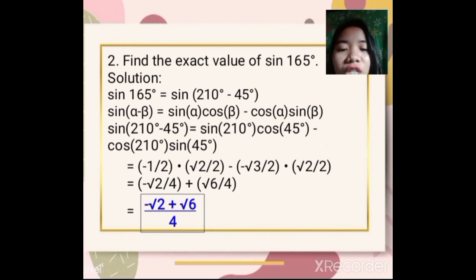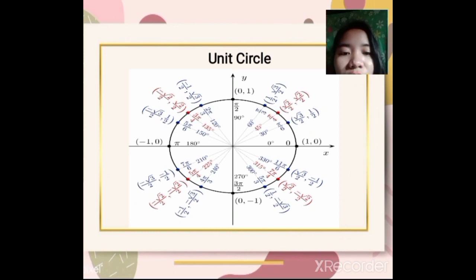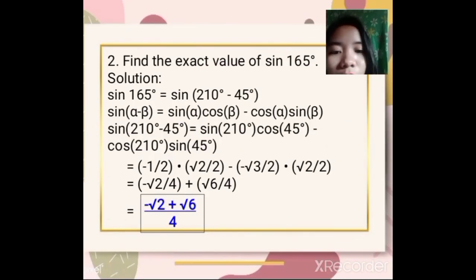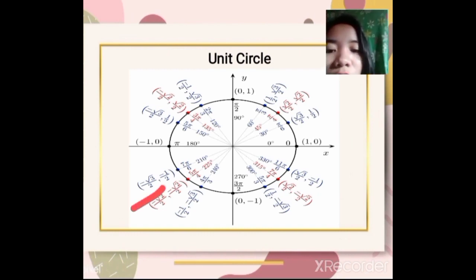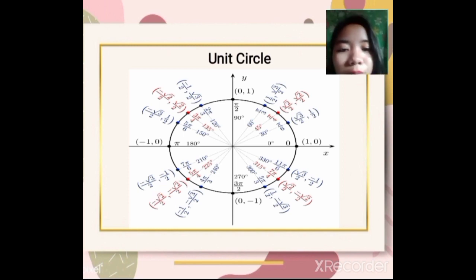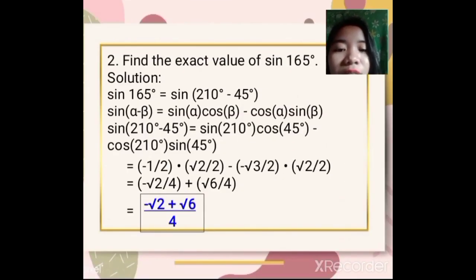Based on the unit circle, the sine of 210 degrees is equal to negative 1/2, times the cos 45, which is square root of 2 over 2, minus the cos 210. Based on the unit circle, the cos of 210 is negative square root of 3 over 2, times the sine 45, which is square root of 2 over 2.